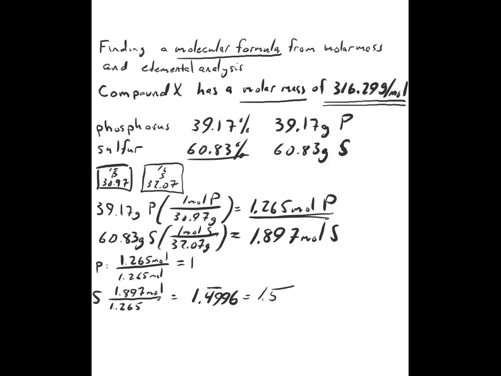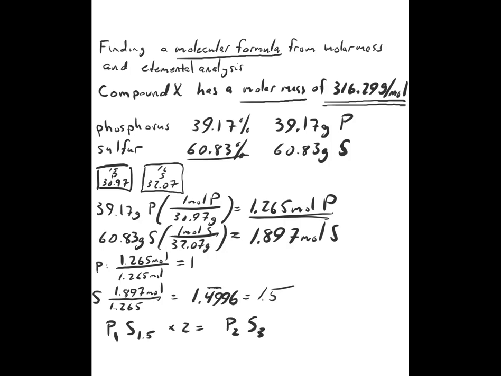So now this is where we had that first example that we did with the chlorine and the oxygen. We have phosphorus. I'm just going to go ahead and put a 1 there for now, and then sulfur 1.5. And then we ask ourselves, what would you have to multiply that 1.5 by to get a whole number? You'd multiply it by 2. So if you multiply each of them by 2, you get P2. 1 times 2 is 2. 1.5 times 2 is 3.